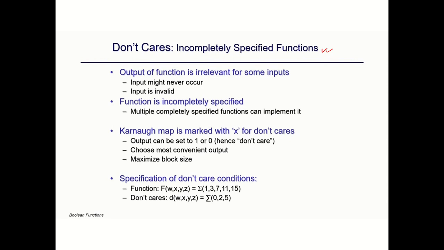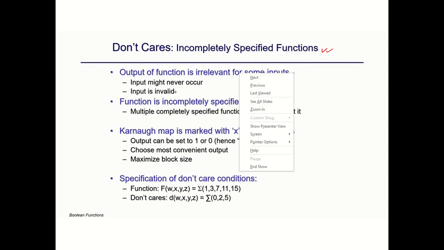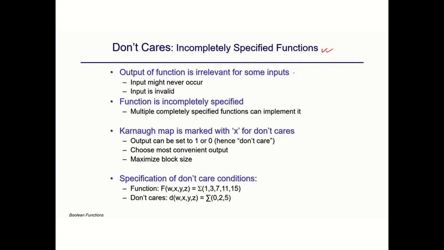Because to make the onset covering, if some of the don't cares can be used, then automatically we can use those, otherwise we'll just keep them as they are. So in this case, the output of the function is irrelevant for some input. The input might never occur, and the input is invalid.